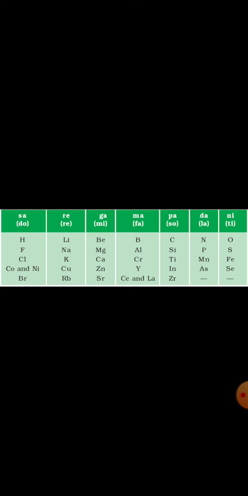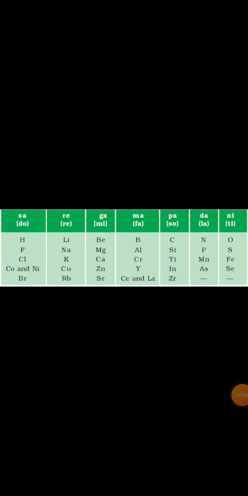Then we have F, fluorine, then Na sodium, Mg magnesium, Al aluminium, Si silicon, P phosphorus, S sulfur. This way he arranged all the elements in increasing order of their atomic masses.